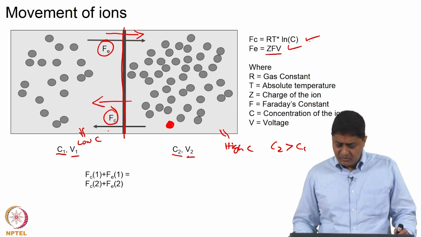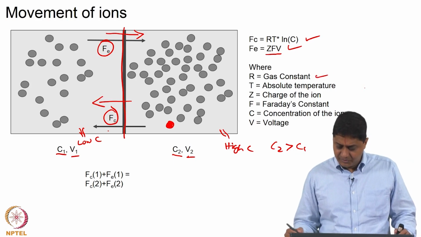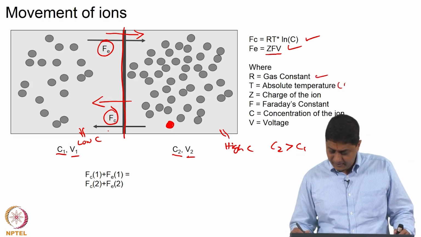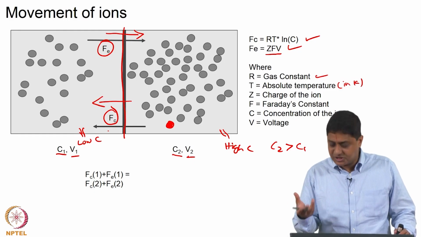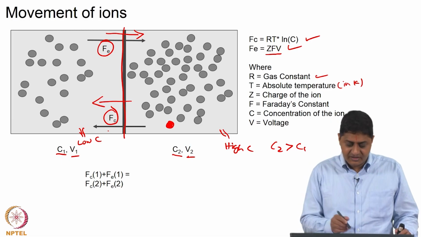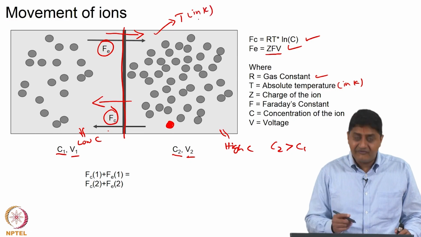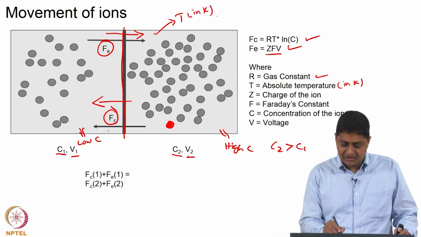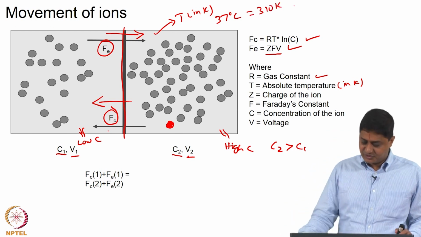These are already known, where R is the gas constant, T is the absolute temperature, so in Kelvin, right, or the temperature at which the computation is performed, or the temperature at which these chambers are. For example, in humans this would be 37 degrees Celsius or 310 Kelvin. So, appropriately we will have to substitute that value.